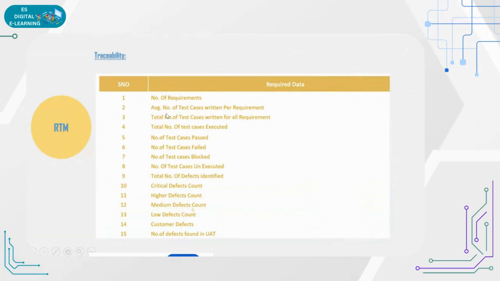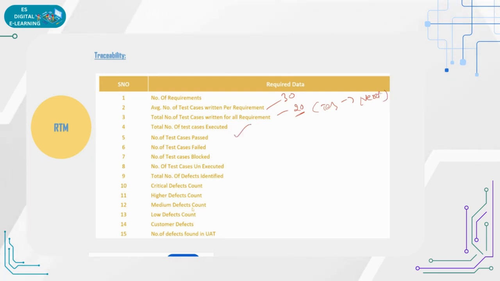Moreover, the other parameters of traceability give in detail the number of requirements, average number of test cases, and number of test cases we covered for the requirements. Suppose we have 30 requirements and we covered only 20 by writing test cases; the remaining are not tested because they are carried forward to the next release.